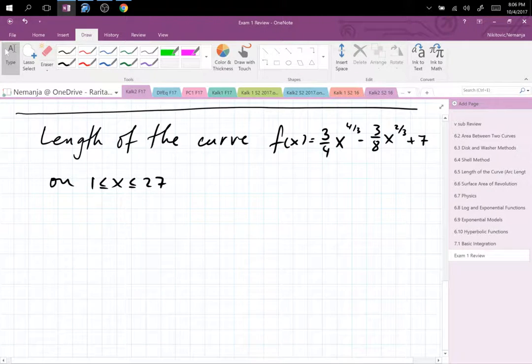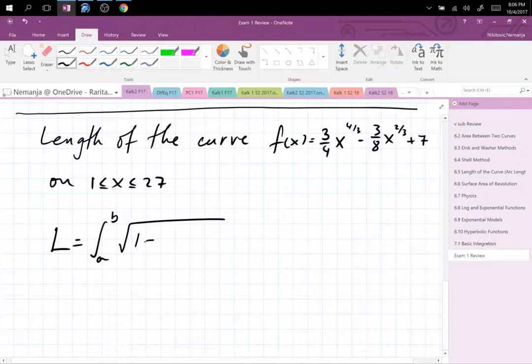We know the formula for length of the curve. The formula for length of the curve would be L equals the integral from a to b, which is our 1 and 27, of the square root of 1 plus the derivative squared dx.